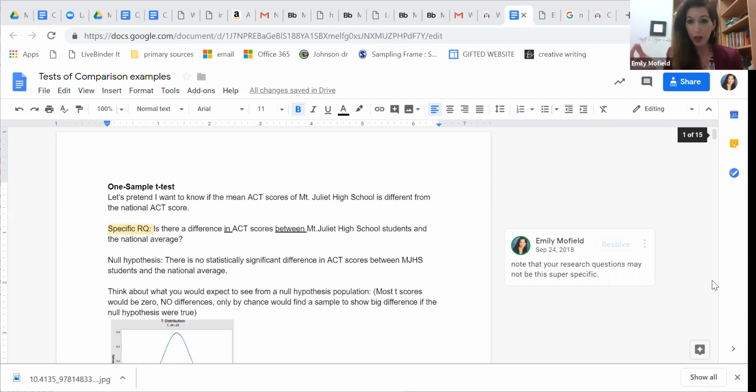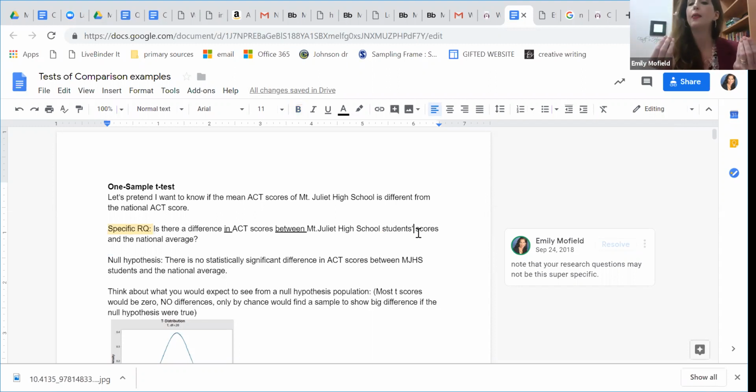So I literally Googled what the national norm is. A research question might look like, is there a difference in ACT scores between Mount Juliet High School students and the national average? Notice that the independent variable is the two schools, Mount Juliet High School and the national average.